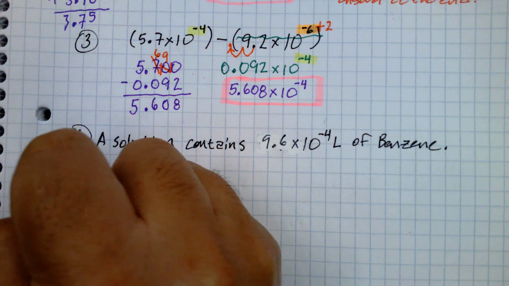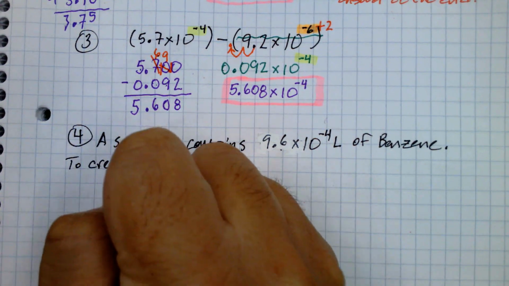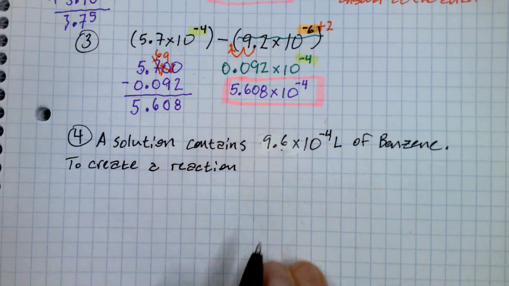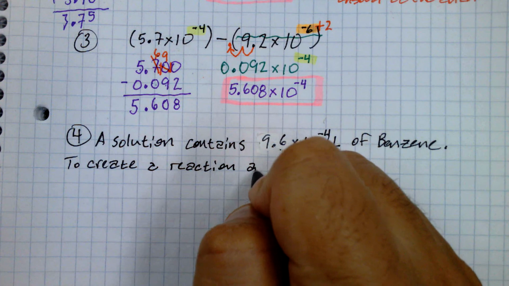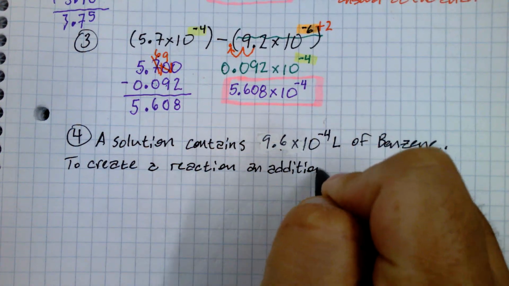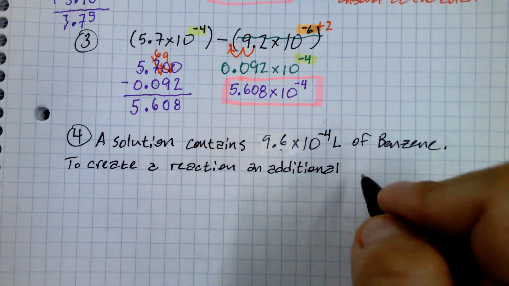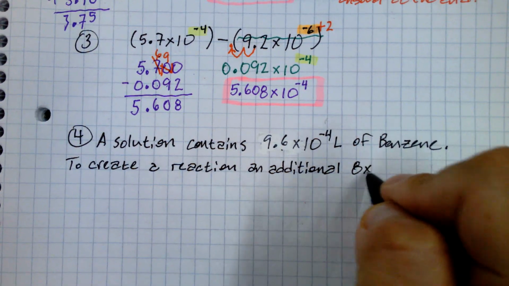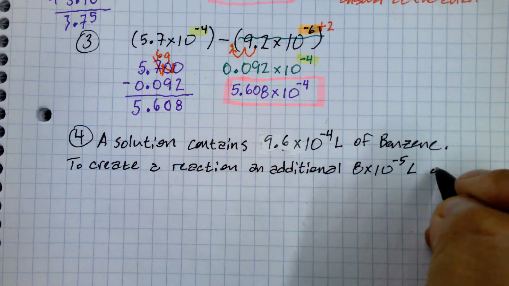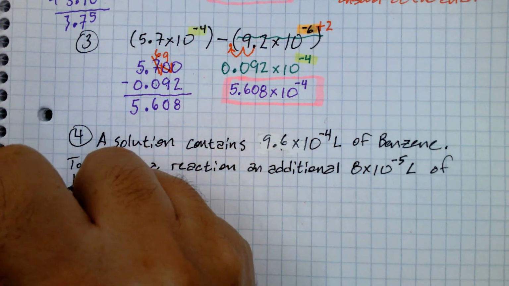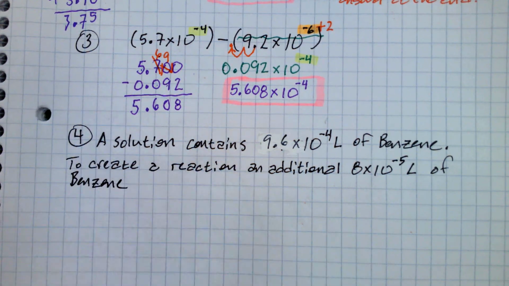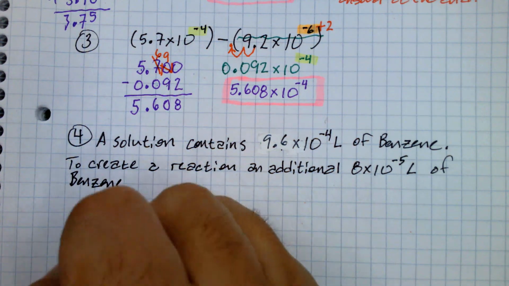To create a reaction, an additional 8 times 10 to the negative 5 liters of benzene are needed.